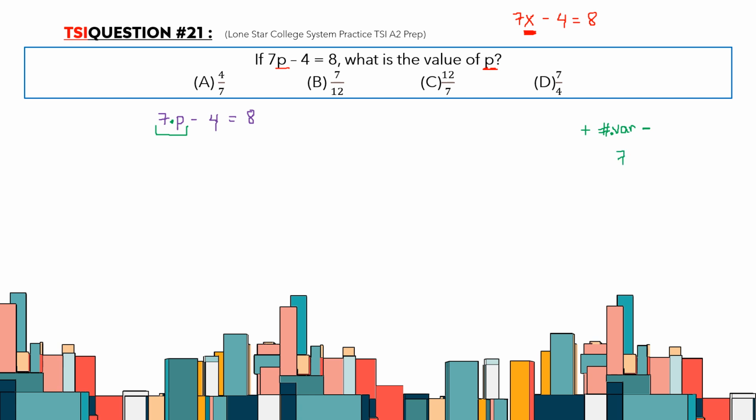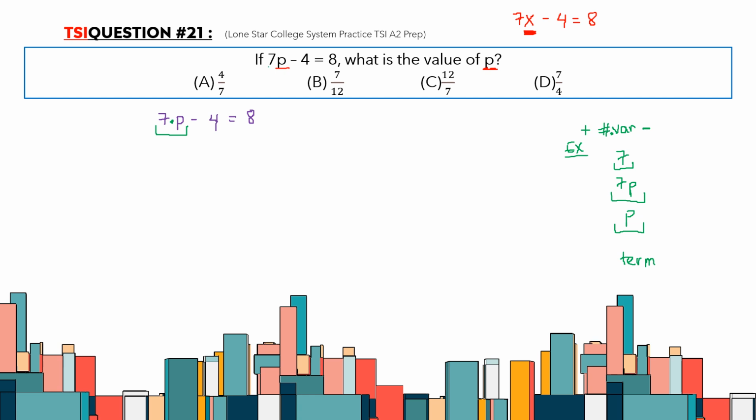So we can have 7, just a number, as a term. You can have 7p as another term, or we just have p. So this is an example. Each of those things we call a term. A term is in between plus or minus signs.